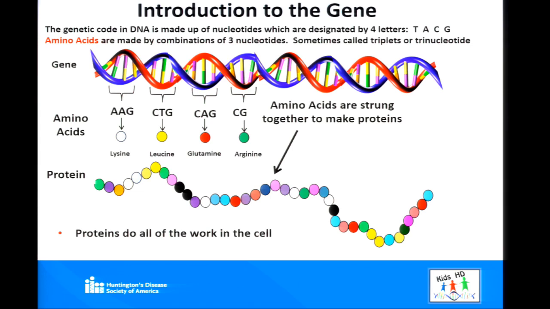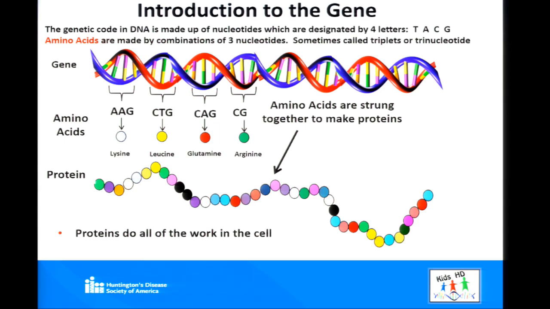The genetic code is made up of DNA, and it's made up of nucleotides. And there's 4 letters, T, A, C, G. Amino acids are made up of combinations of 3 of those nucleotides. That's why that number 3 is important, because you hear triplet repeat or trinucleotide repeat. So those are some of the terms that you hear.